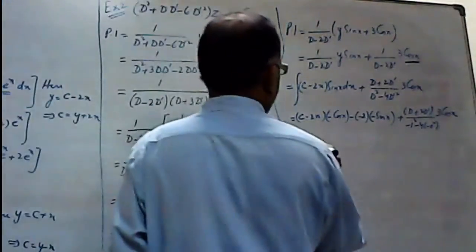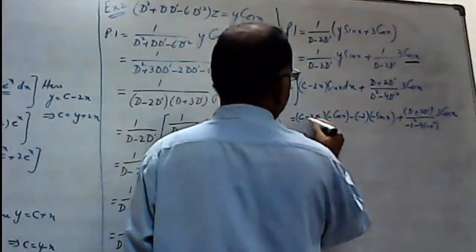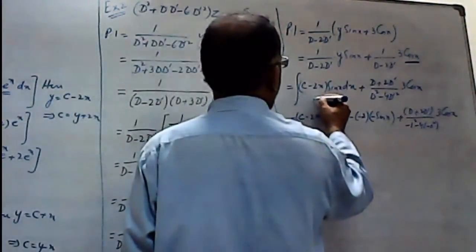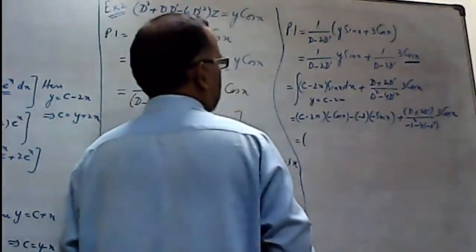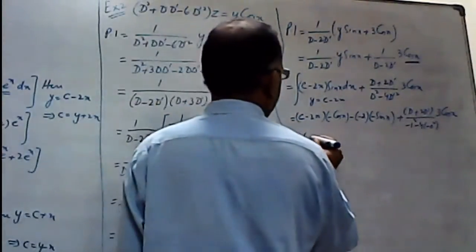So what we have now is back substituting the value of c. Here we substitute y = c - 2x, so c = y + 2x.